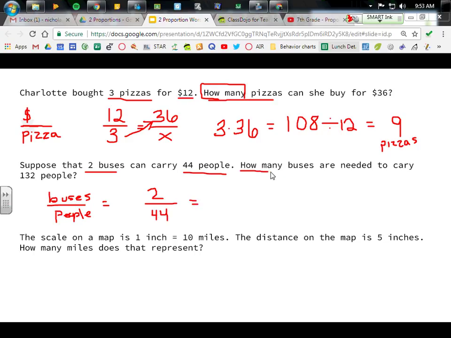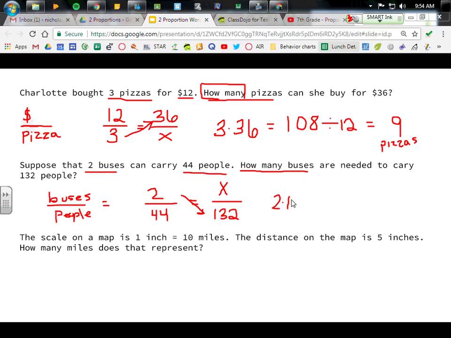Now it says how many buses. So that's my missing piece of information, the amount of buses we have. How many buses will be needed to carry 132 people? Now that I have my proportion set up, cross multiply and divide.